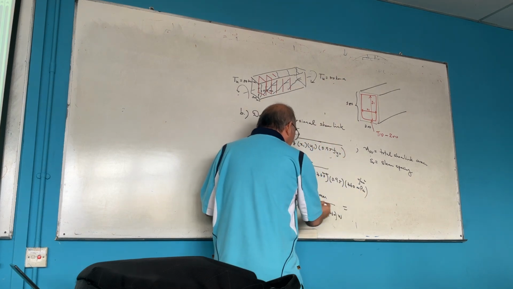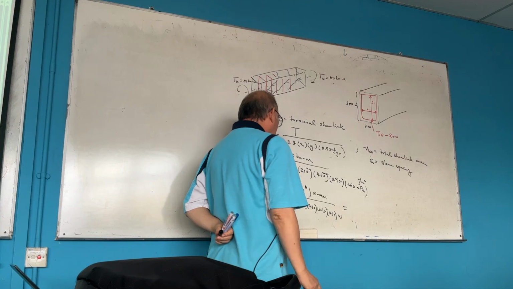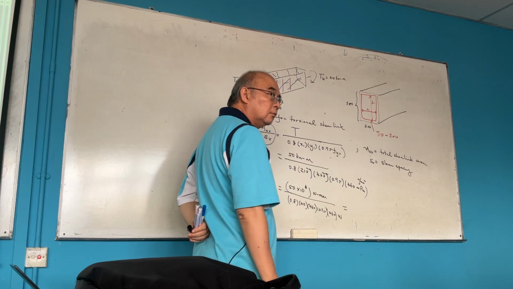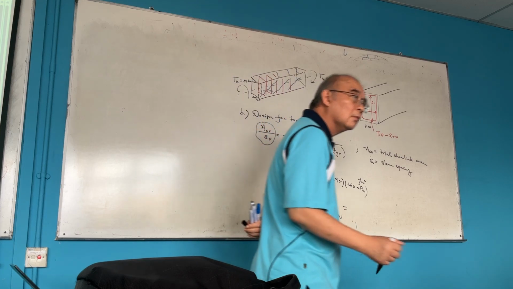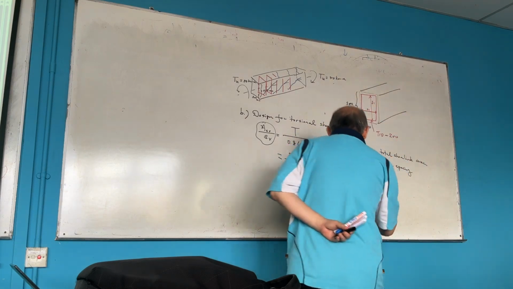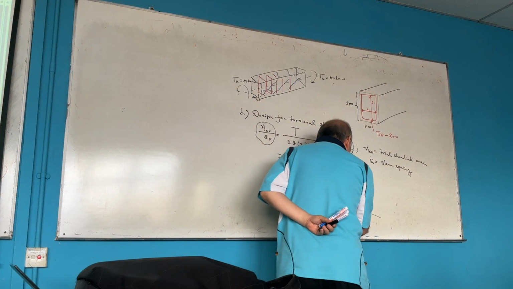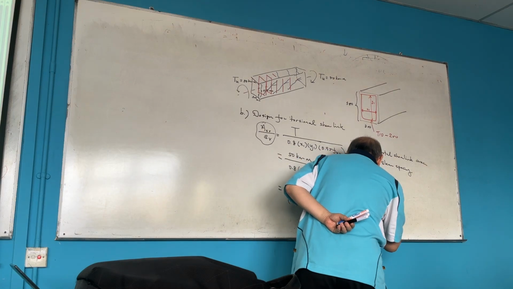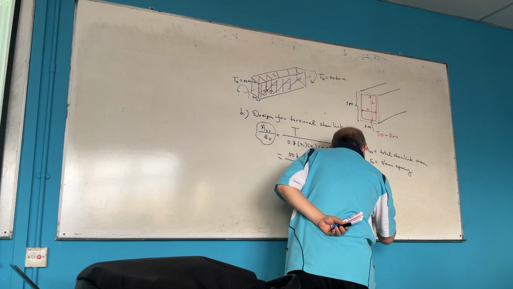You just multiply this one first. 33.7 times 10 power of 6 Newton, and here 50 times 10 to the 6 Newton millimeter.